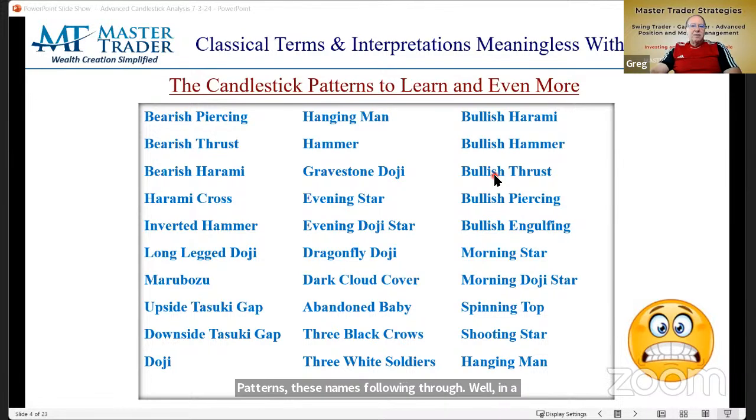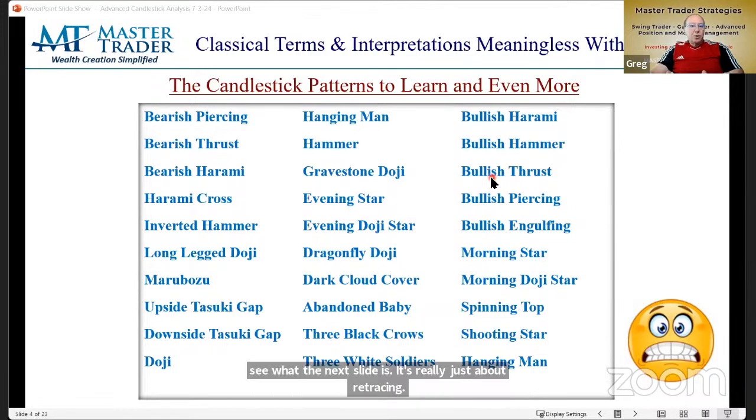But to really understand the difference between these, and we'll get to it, let's see what the next slide is. It's really just about retracements. So everything that we do here is to boil things down to very basic understandings to make it simple, stupid.